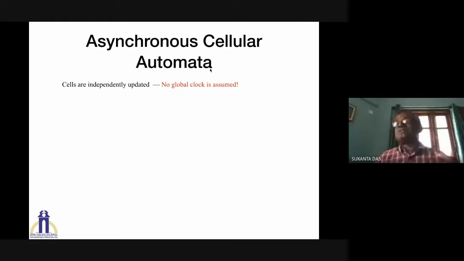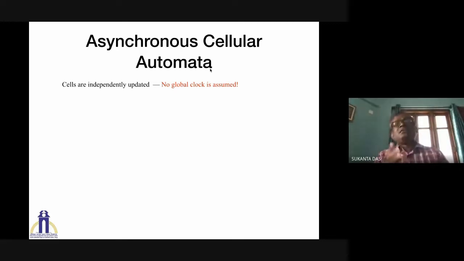Some authors have called it self-timed automata. That means ultimately cellular automata are a synthetic system, so to act, you need a timer. The proposal is that each cell has its own timer. So, self-timed automata.